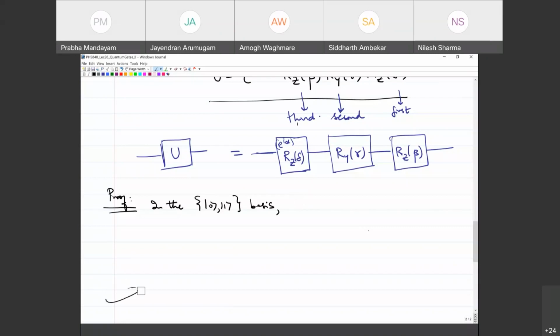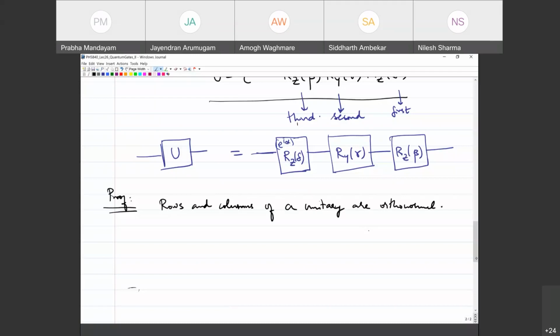So what do you know about the rows and columns of a unitary? They are orthonormal. Exactly. So the rows and columns of a unitary matrix, I should have listed this among the properties that we discussed yesterday, are orthonormal. Does everybody know this? Do you want me to explain this?